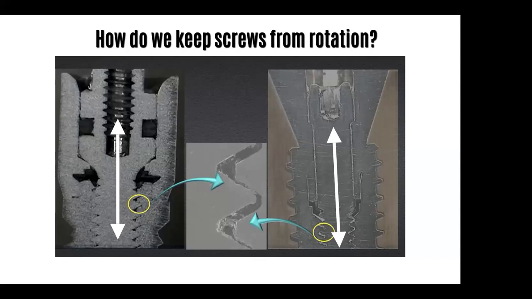But if you look closely again at this picture, the relationship between these two different threads, the lower part of the abutment screw is not really in contact with the upper part of the internal thread. So this part is loose. They're not in contact.